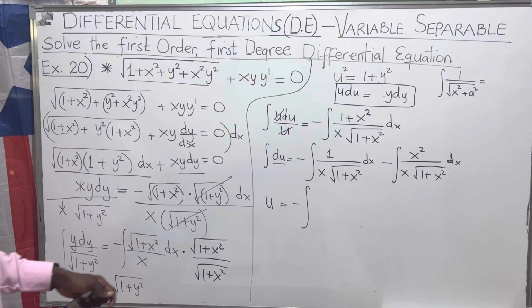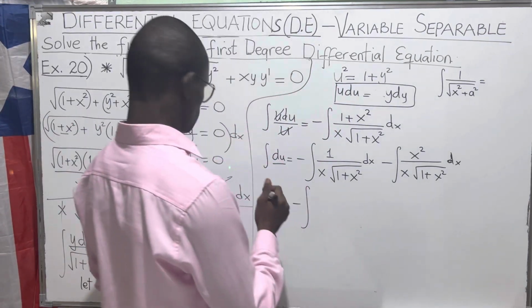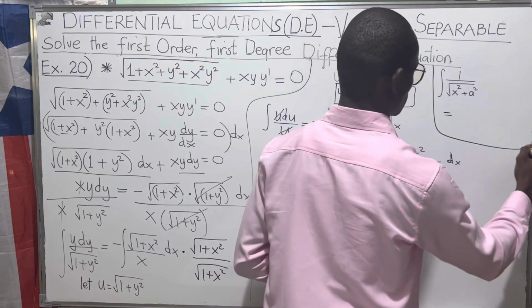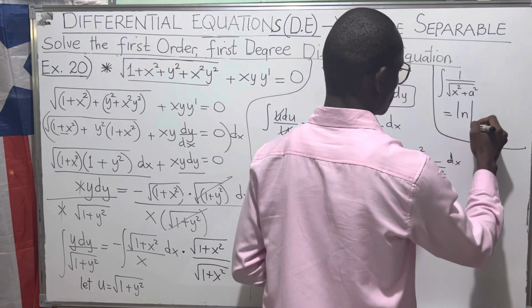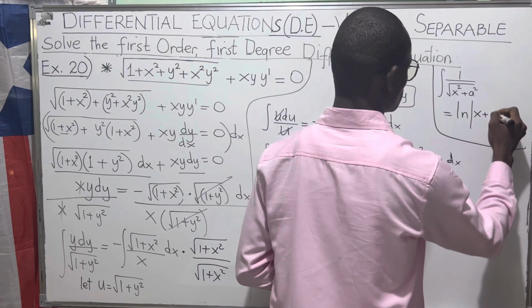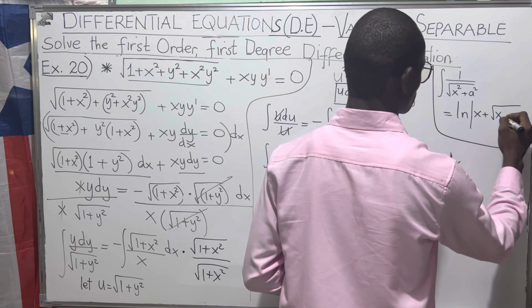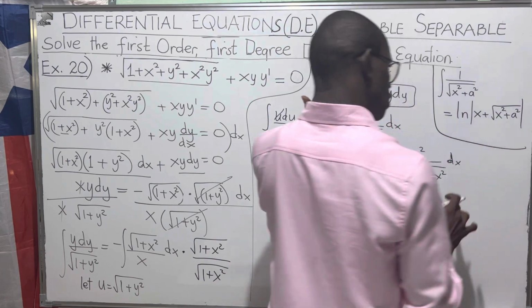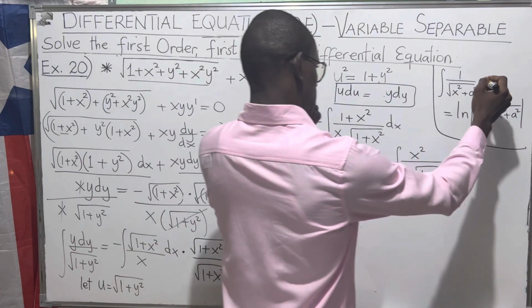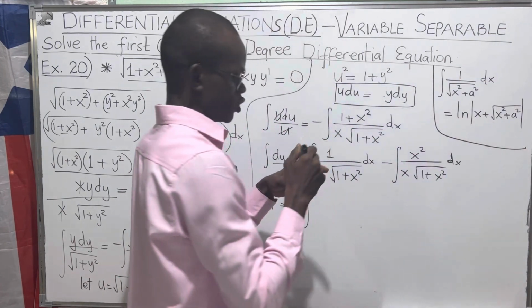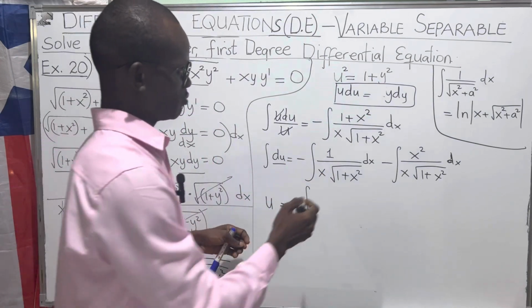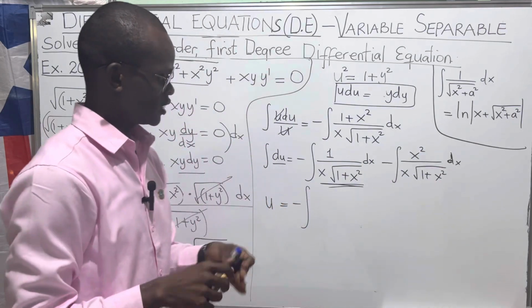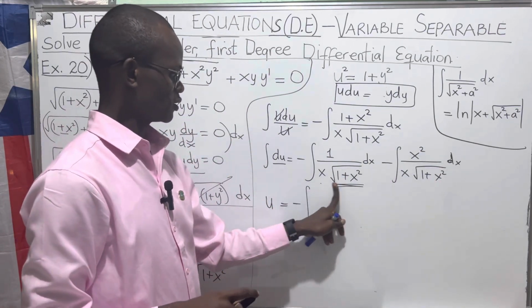The space is too small, so let's do it down here. This is equal to the ln of x plus the root of x squared plus a squared. So we have this integral property. We want to see how best we can simplify this expression so that we arrive at that property, since we have the square root of this.